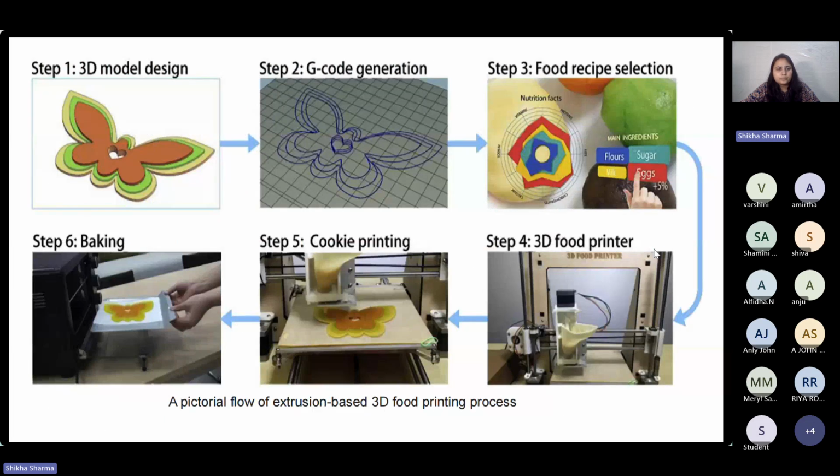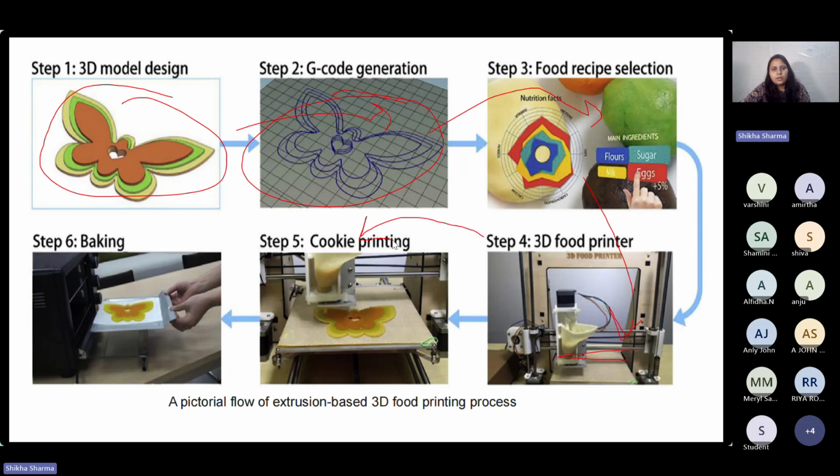These are the different components we can have in the 3D printer. So we can have some model, and we put that model in the software in the form of codes, and then we can select the food recipe, and based on that the 3D printer prints, and the cookies are printed deposition by deposition.